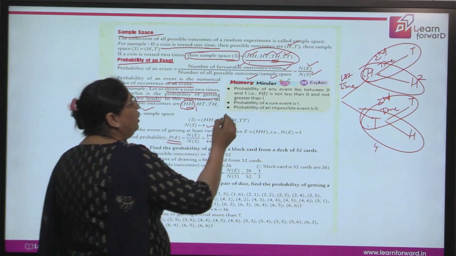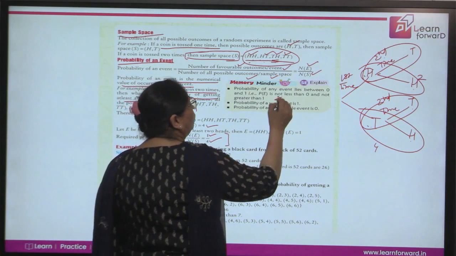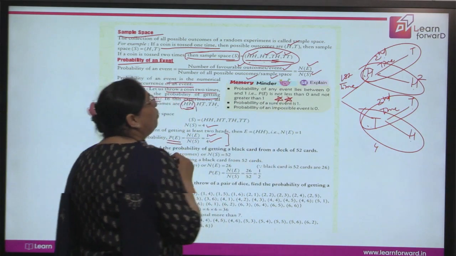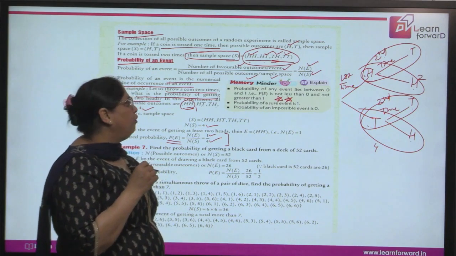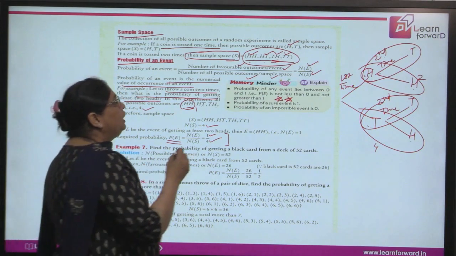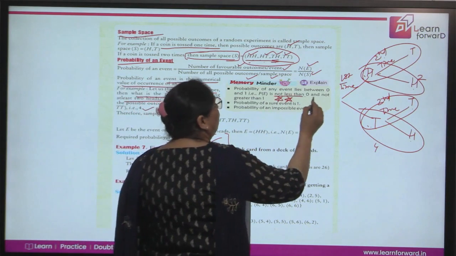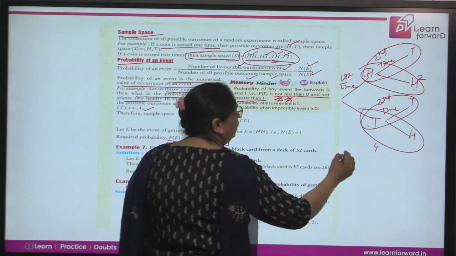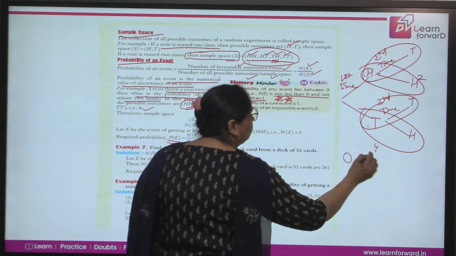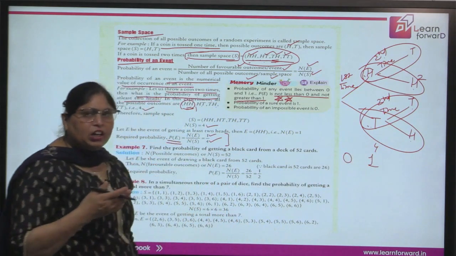This is a very important point I want to tell you. The probability of an event lies between 0 and 1; it is not less than 0 and not more than 1. Either the event occurs or not.